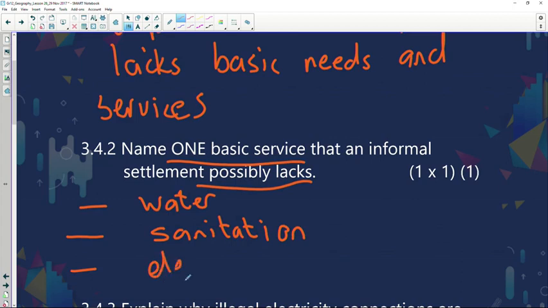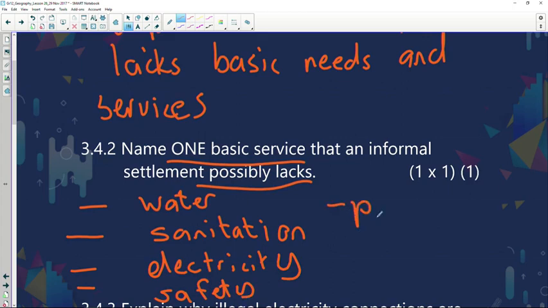Electricity. Safety. Proper roads. We looked at that cartoon. As you can see, the roads are damaged beyond repair. And formal housing.